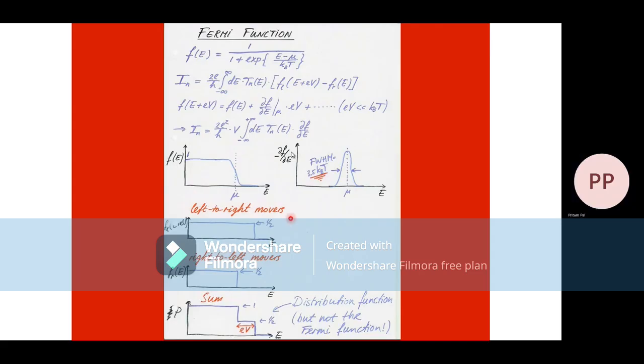You will just see the transition from one plateau to another because you are broadened by this temperature factor.